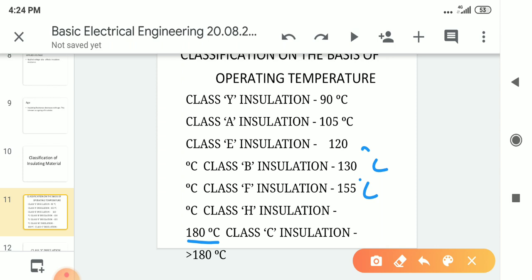Mica, porcelain, glass, quartz, ceramics are all examples. Here, the ceramic material we use in a fuse, just remember. Just observe the nearby electrical appliances you have. Observe their insulation materials. There are so many insulation materials we use in our day-to-day life.